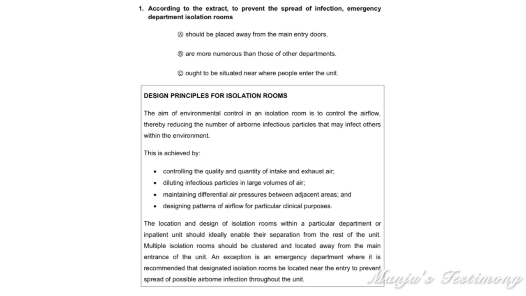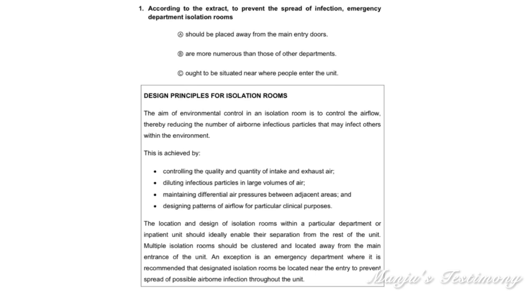All the other sentences before were talking only about the isolation room, but our question is to find out the isolation rooms in the emergency department. So here we found the emergency department. An exception is an emergency department, where it is recommended that designated isolation rooms be located near the entry to prevent spread of possible infection, airborne infection, throughout the unit.